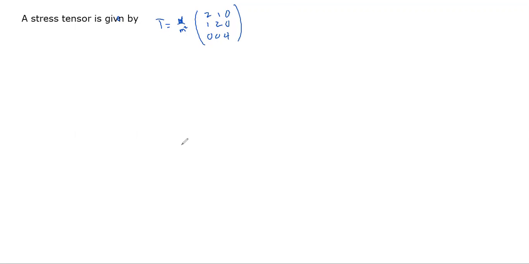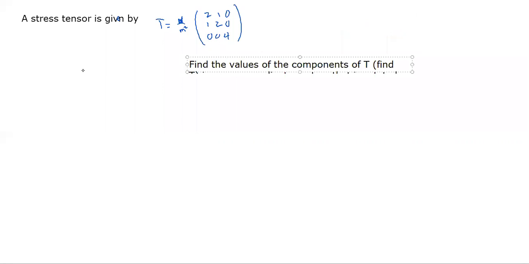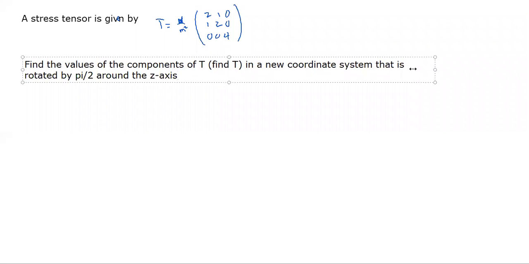So what I want is to find the tensor itself, find T. We want to find the value of the tensor, which is to say its components, in a new basis that's this thing but rotated around the z-axis by 90 degrees.